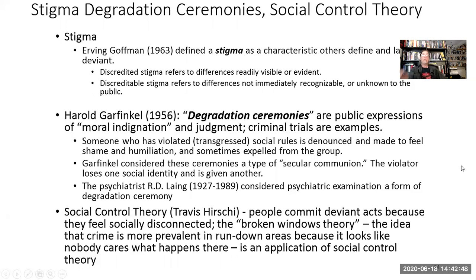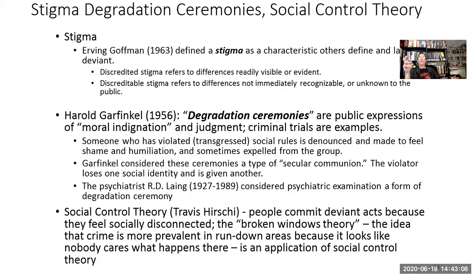Harold Garfinkel wrote, among other things, about something called a degradation ceremony, where you go into it as one thing and you come out of it as another. Criminal trials, you go in, you're presumed innocent till found guilty.